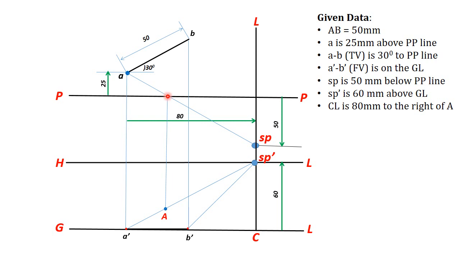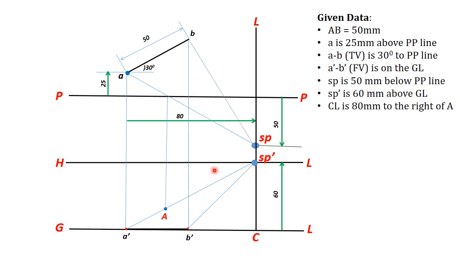From this point, you draw a vertical projector line towards the corresponding visual ray in the front view, that is SP dash to A dash. You will get capital A. You should denote the perspective view of the point with capital letters. So this is your perspective view of the point A.